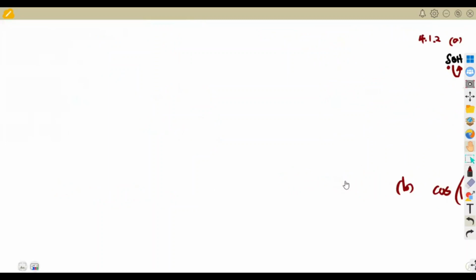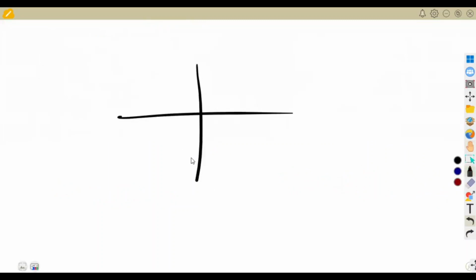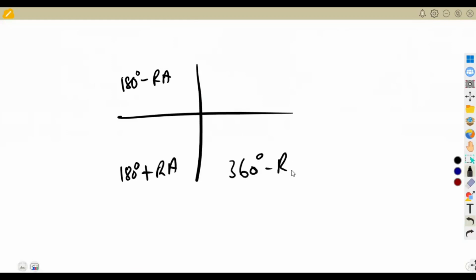This one is not about where the diagram is. What does that part mean first? We know that in the first quadrant, we talk about the reference angle as it is. In the second quadrant, we have 180 degrees minus the reference angle. In this quadrant, 180 degrees plus the reference angle. In this quadrant, 360 degrees minus the reference angle. Here is just the reference angle that you're given.